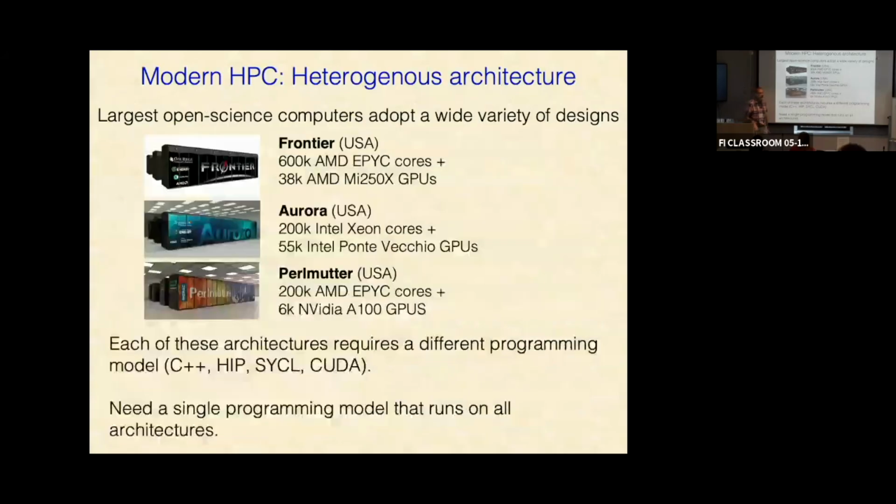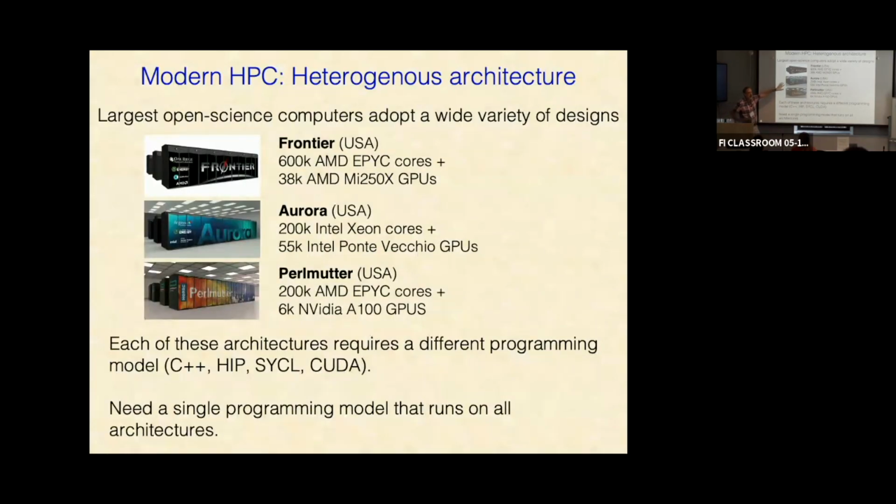And why should you do that? It's because it's just an amazing time in computational science right now, because exascale has finally arrived. We now have these machines in the US and in Europe as well that are absolutely amazing in their performance. We have machines like Frontier, 38,000 AMD GPUs, 1.5 exaflops of total performance.